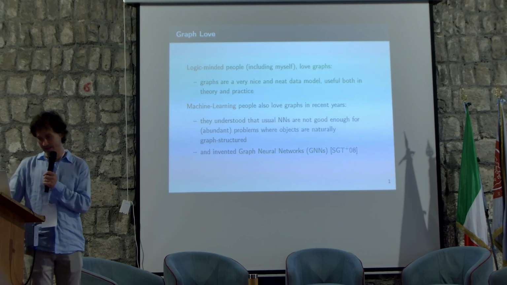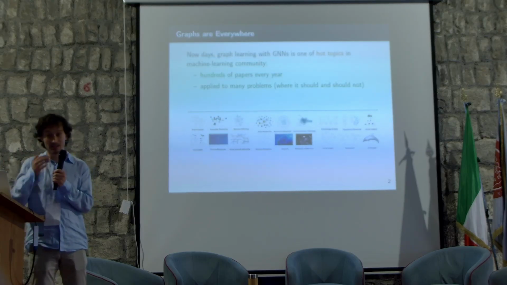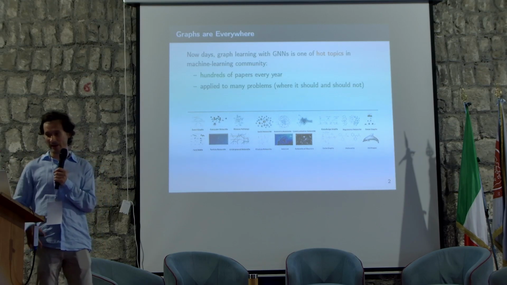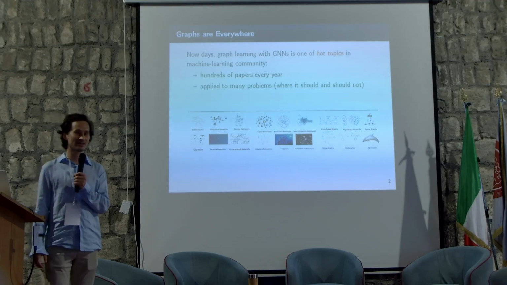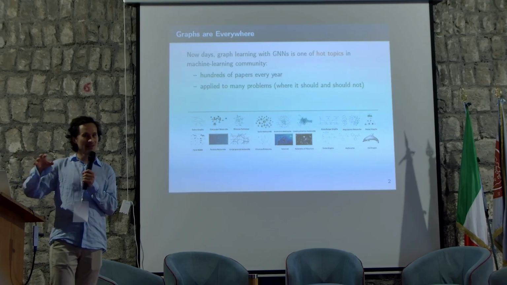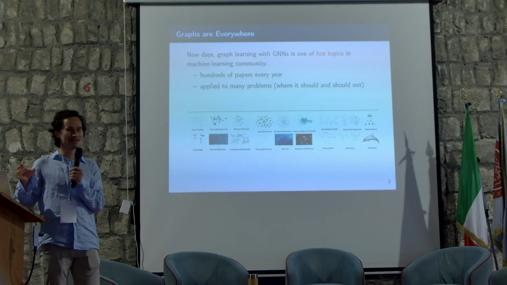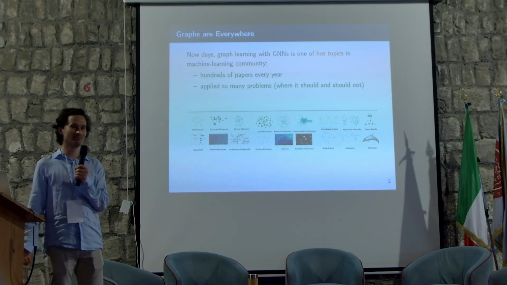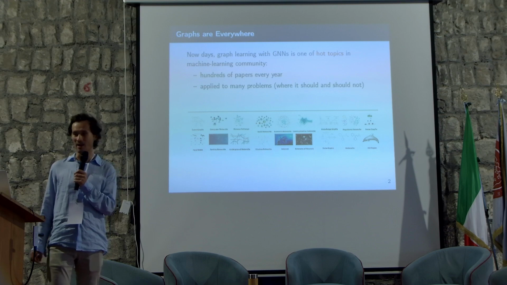Until then, no one cared. But nowadays they're really popular in machine learning. Maybe now it's a little bit down, but in recent years you could see hundreds of papers popping up every year about graphs.